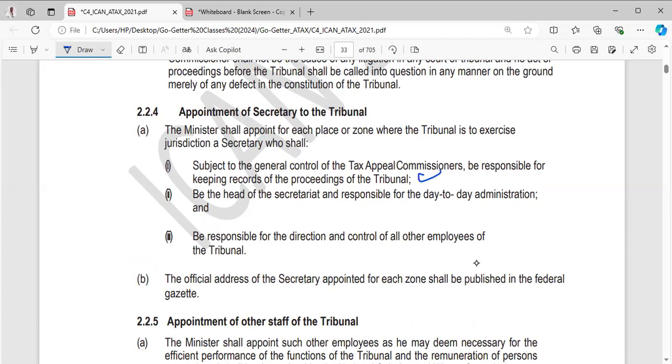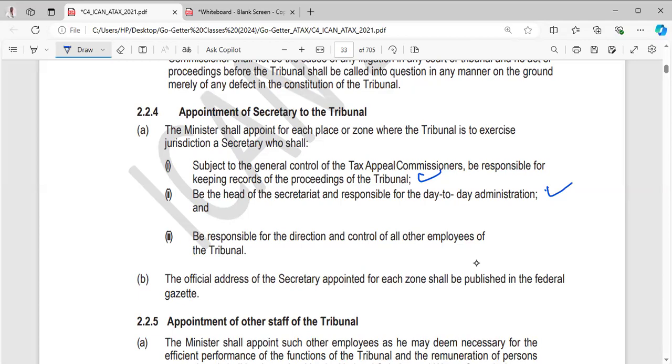So he takes down the minutes and procedures of the tribunal. Also, he will be the head of the secretariat and be responsible for the day-to-day administration.